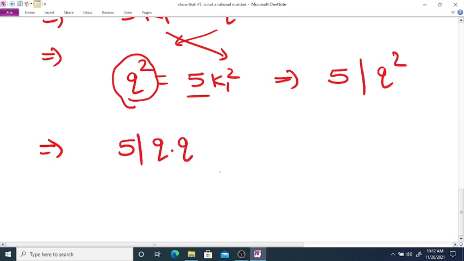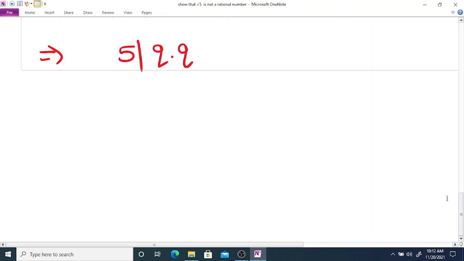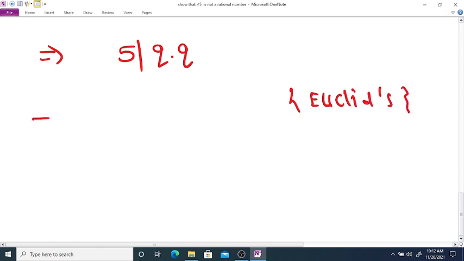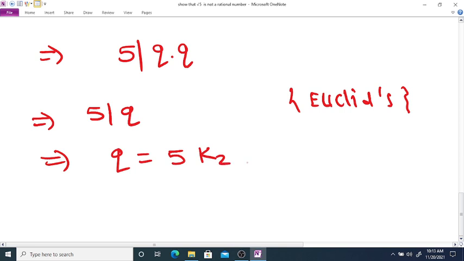Again, 5 is a prime number, so using Euclid's lemma, we can say that 5 divides q, but this implies q is a multiple of 5, so q is equal to 5k2 for some integer k2. Say this is equation number 3.